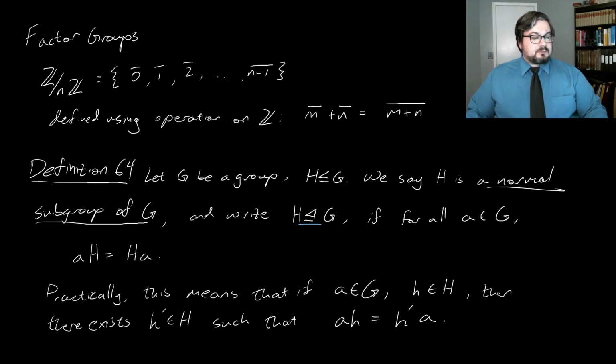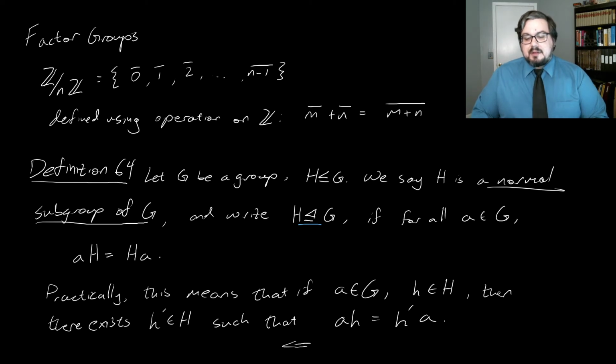So testing whether or not some subgroup is a normal subgroup directly by definition 64 is tedious, but this is the definition that we use because it's the property that we rely on to make the rest of the theory work. In order to see where the next condition comes from, which allows us to test whether a subgroup is normal or not, let's rearrange this equation slightly.